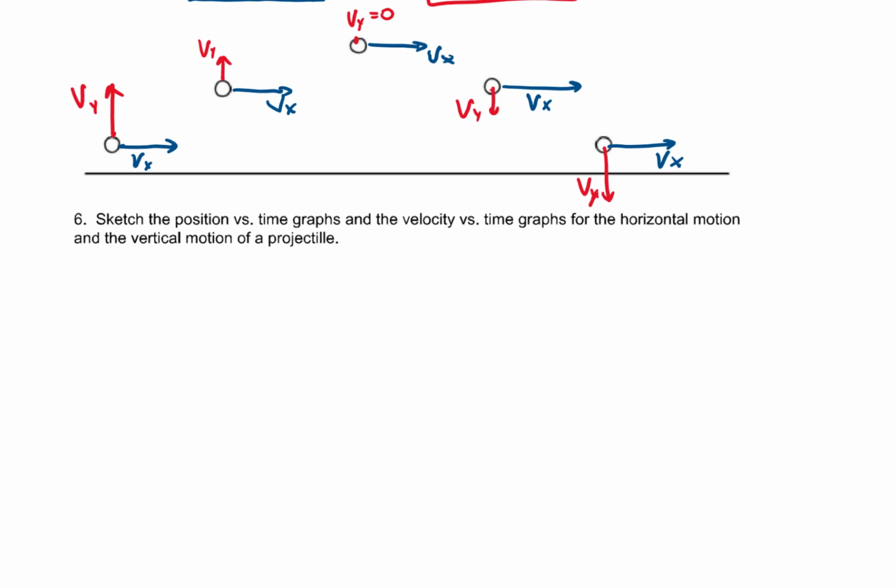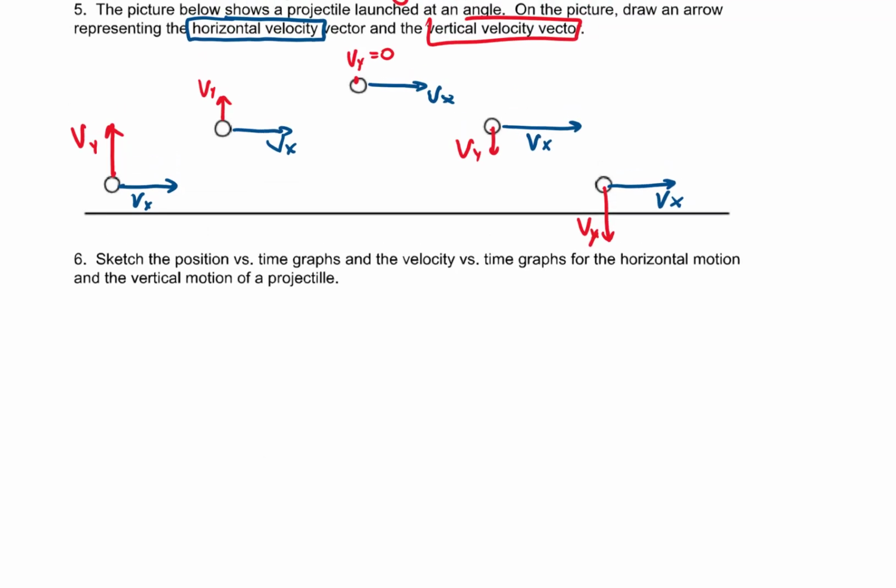Sketch the position versus time graphs and the velocity versus time graphs for the horizontal motion and the vertical motion of a projectile. Let's just do it for the one that we just did. So we'll look at the x direction stuff here. So x as a function of time, and then the velocity in the x direction as a function of time.